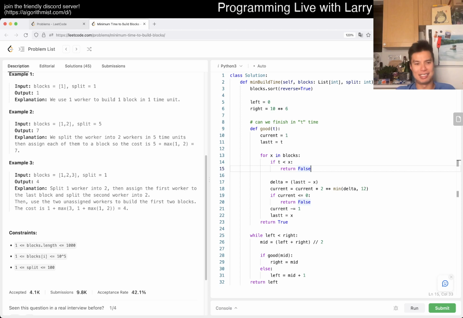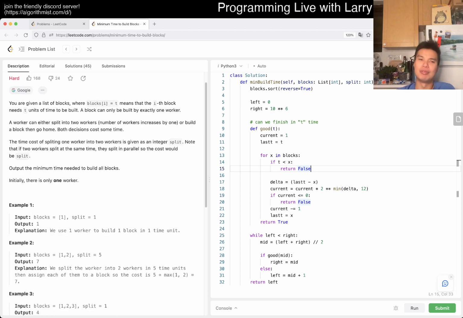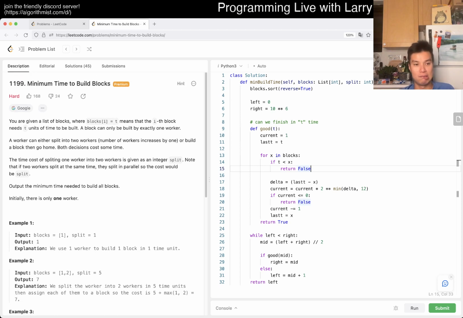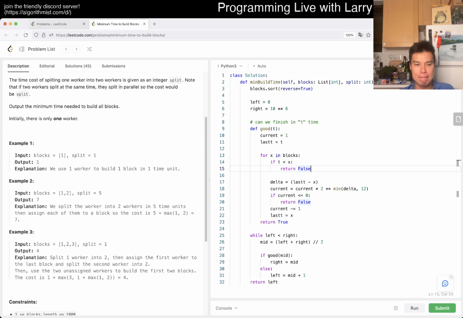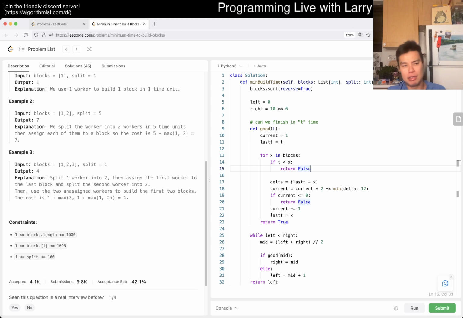Man, I really messed this up, didn't I? Spread is only 100 as well. Is that something we can exploit?